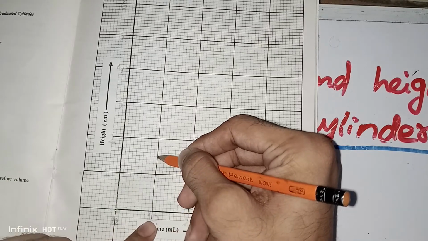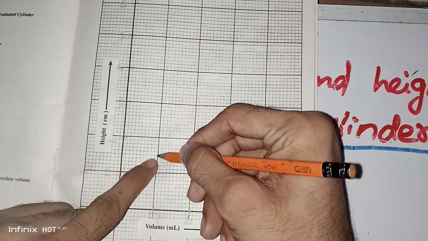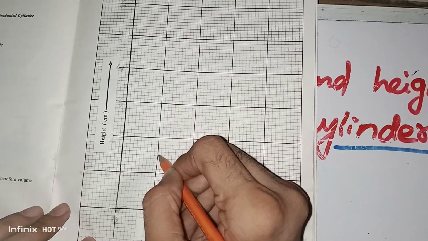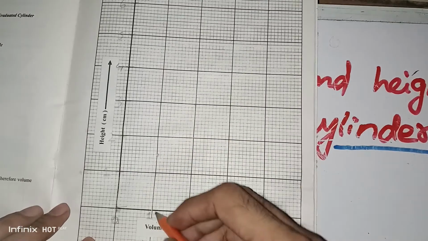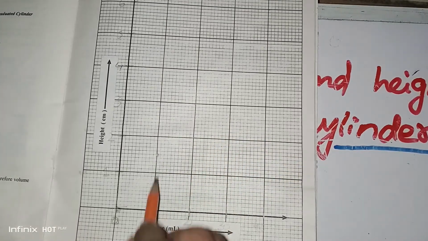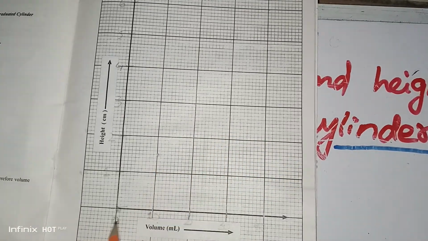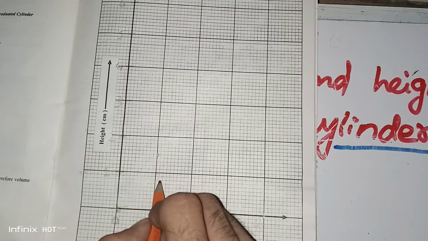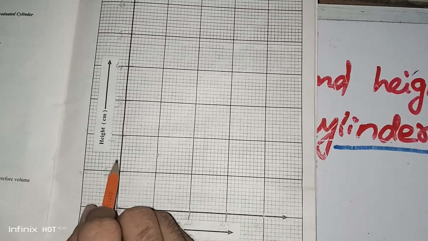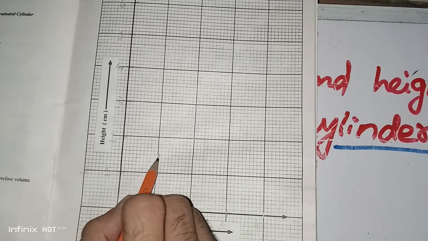Here there is the line of 10 and here is 1.5, so I will mark my point at 1.5 in the line of 10. Here is my second point. After 0, my volume of water is 10 ml, so height of water at 10 ml is 1.5.